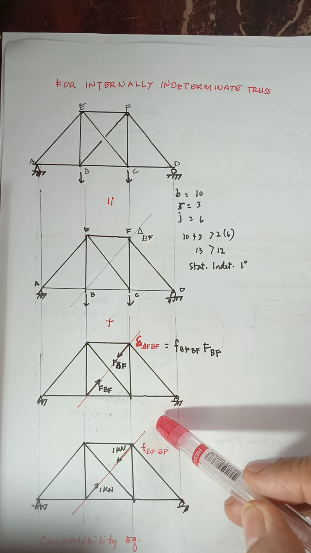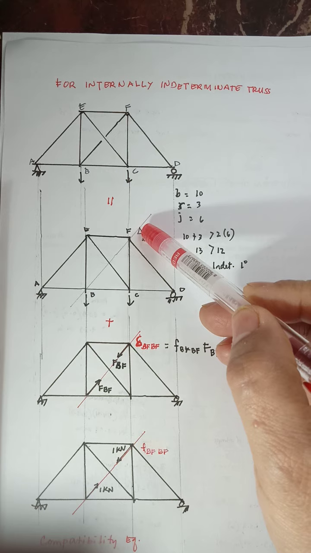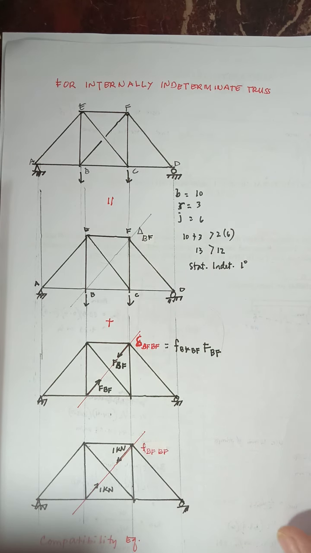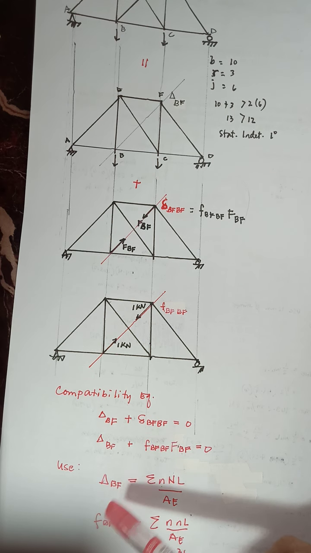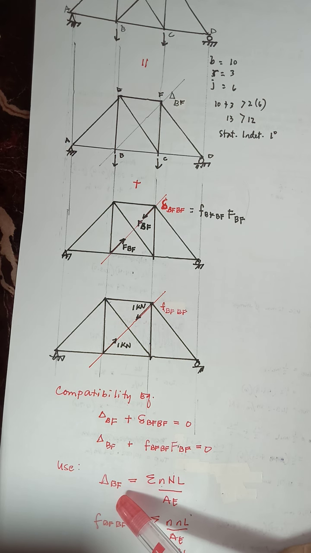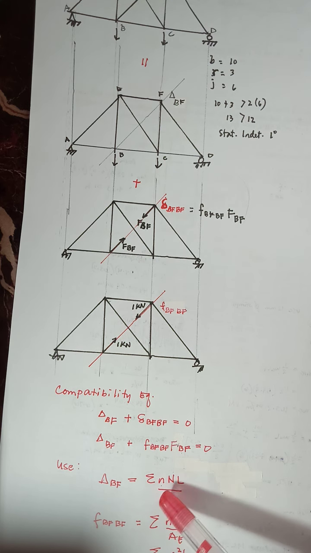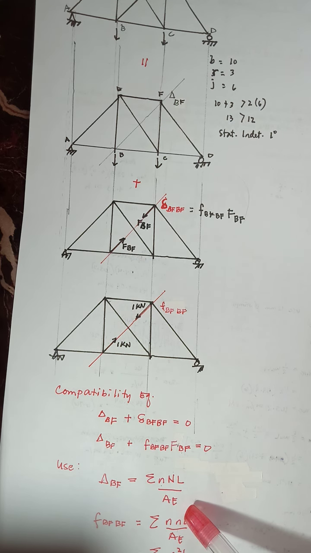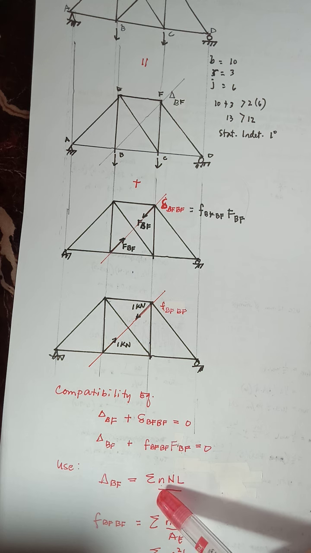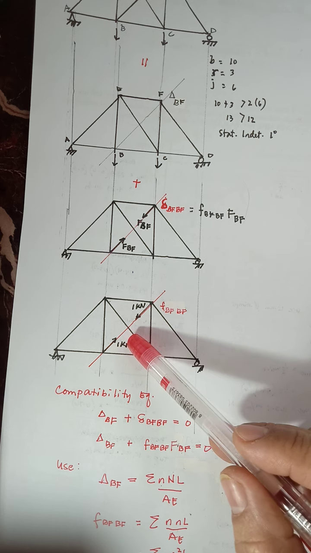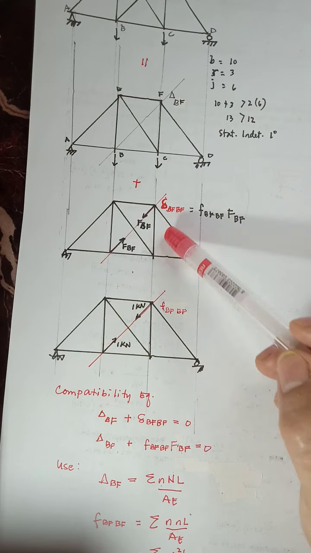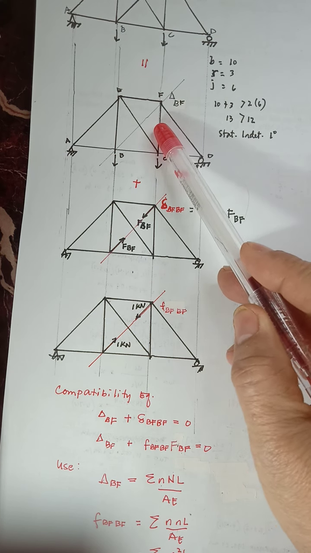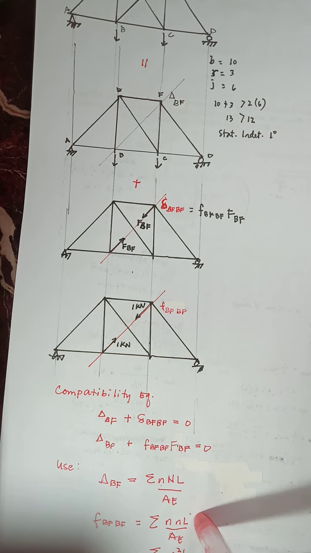Delta BF can then be determined using the expression, the formula: delta BF is equal to the summation of n N L over AE, where small n is the bar forces due to a pair of unit load and capital N is the bar forces of the real loads, times L over AE.